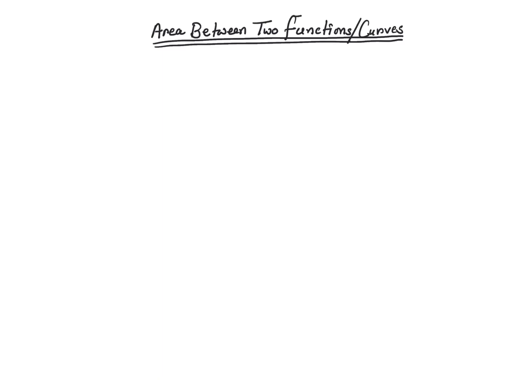In this video, I'm going to talk about area between two functions or curves. Let me draw a diagram to help you see things. So let's say this is my rectangular coordinate system, x and y. And let's say this is my function f of x, and this is my function g of x.